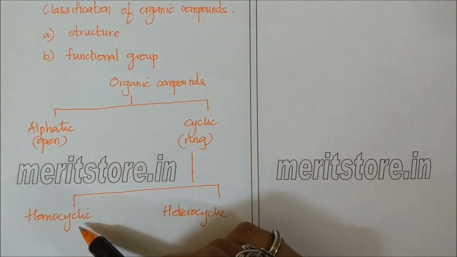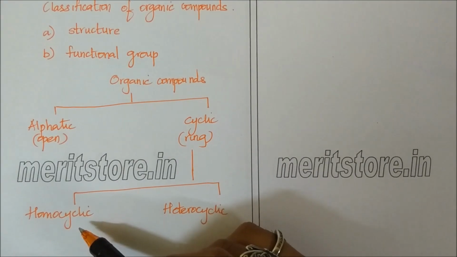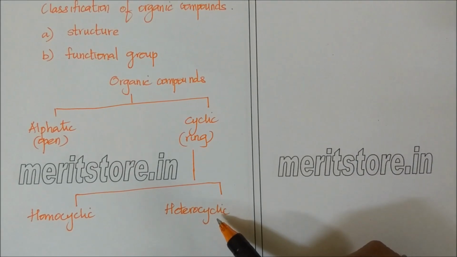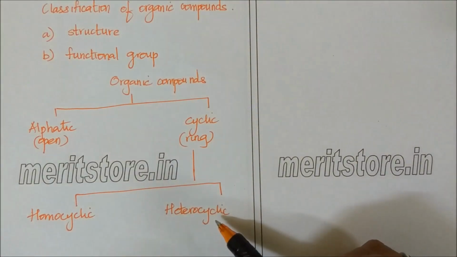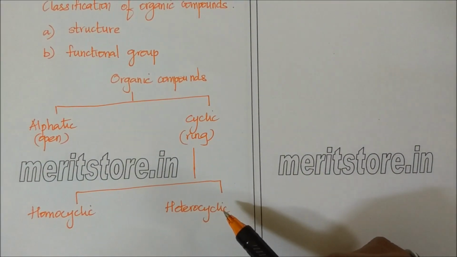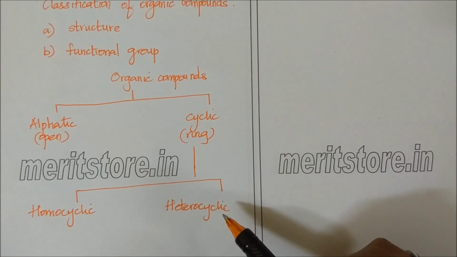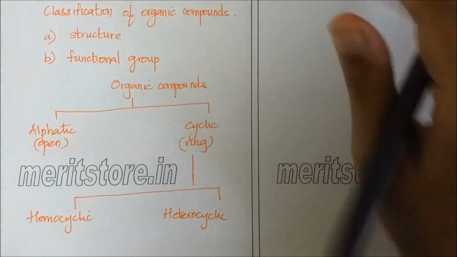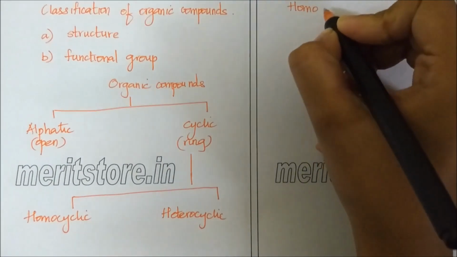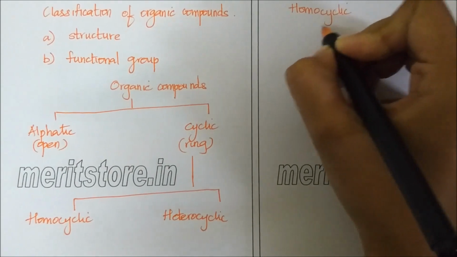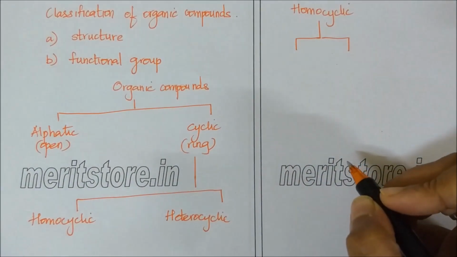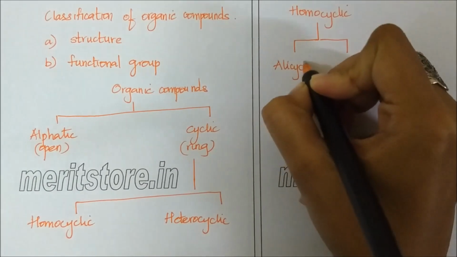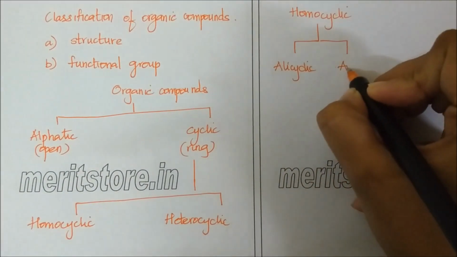Homocyclic compounds are those compounds in which the ring is made up of only one kind of atom, carbon, whereas heterocyclic compounds are those compounds in which the ring is made up of carbon atoms as well as another atom like nitrogen, oxygen, sulfur, etc. Homocyclic compounds can further be classified into homocyclic alicyclic compounds and homocyclic aromatic compounds.